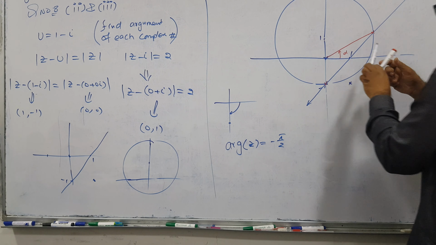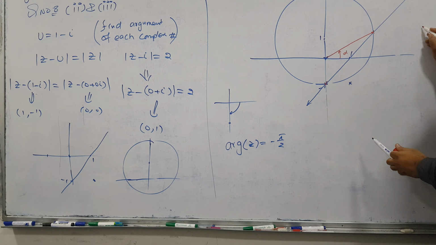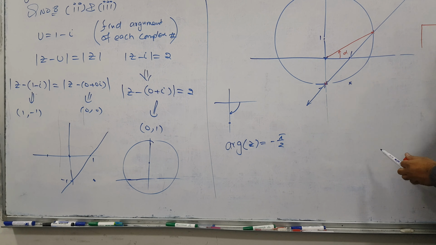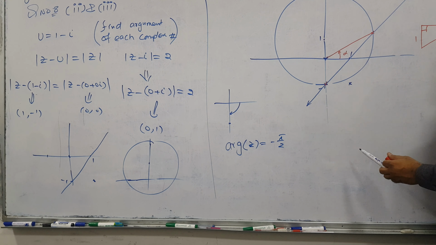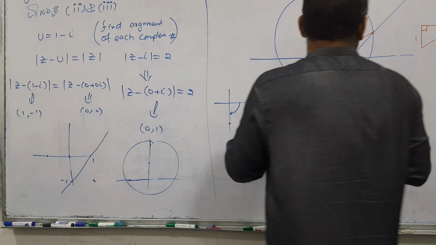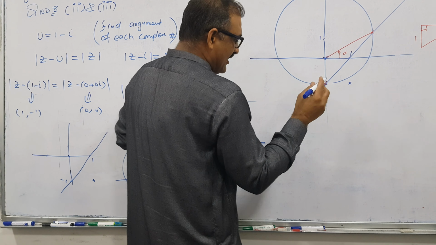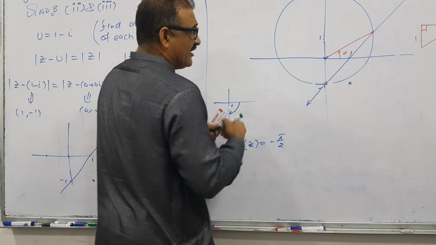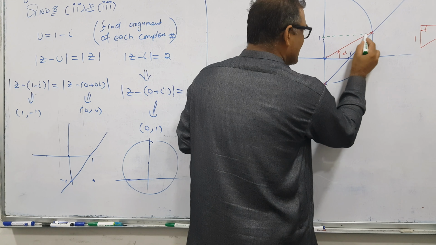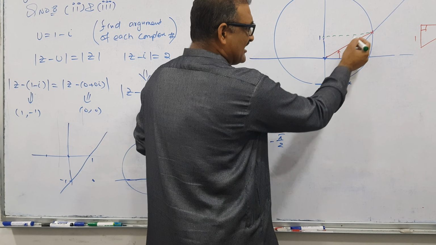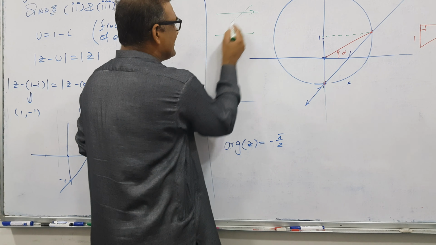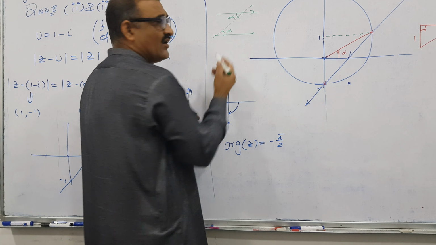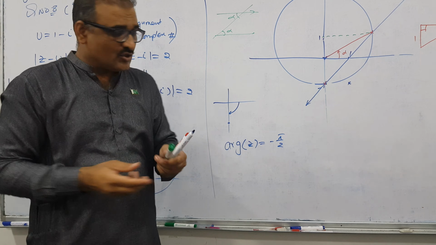So I make this triangle here. This side is 1, this is 2, this is 90 degrees, and this is alpha. If I make a rough diagram with a green marker, these are like parallel lines, and this line cuts them, so this alpha and this alpha are equal.